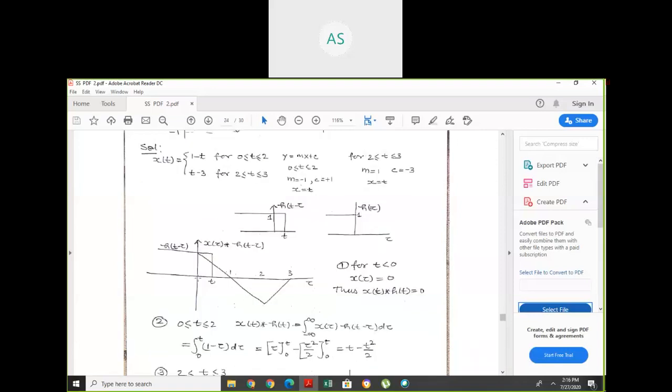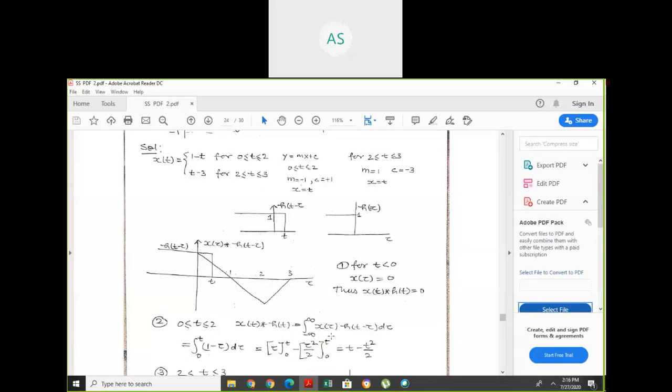In the range when t is less than 2 but greater than 0, the convolution of x of t and h of t is equal to the integration from minus infinity to plus infinity of x of tau h of t minus tau d tau.